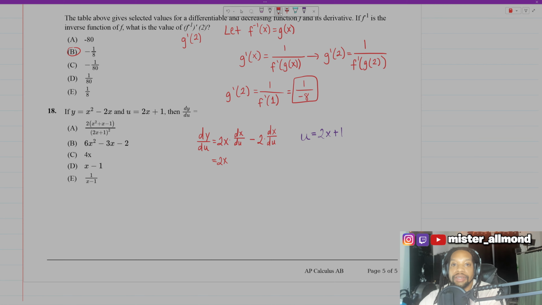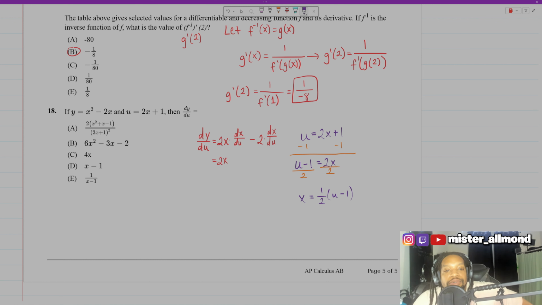I'm just going to see if I can solve for x. I don't even know if that's the preferred way of doing this. So u minus 1 equals 2x, and then I would divide by 2 on both sides. So that leaves me with x equals 1/2 parentheses u minus 1.